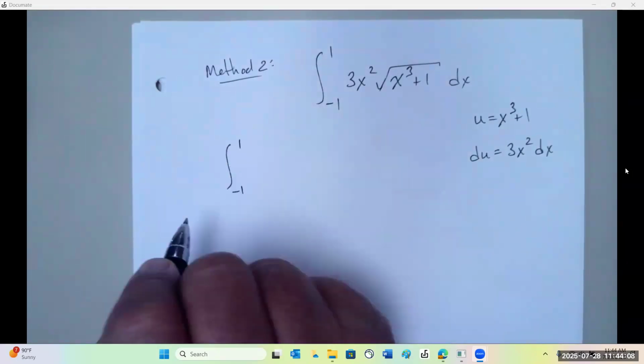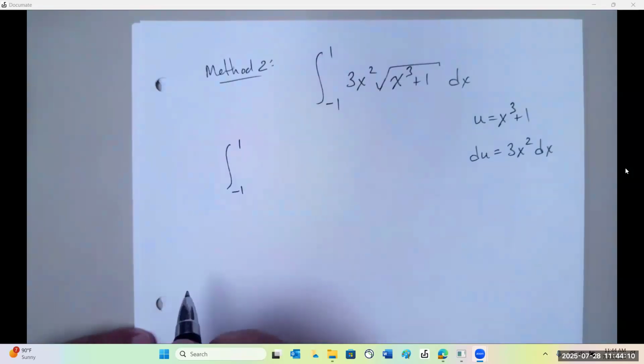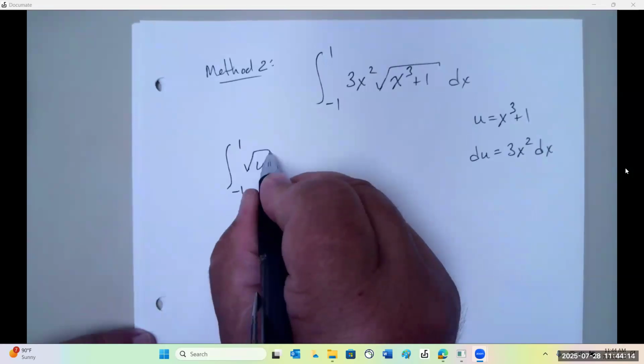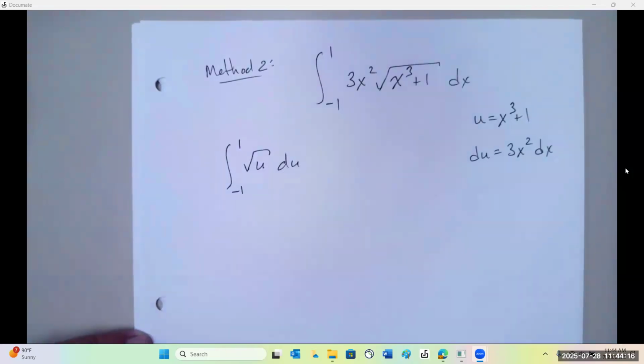We're going to leave the bounds of integration this time. So we have the square root of u du.